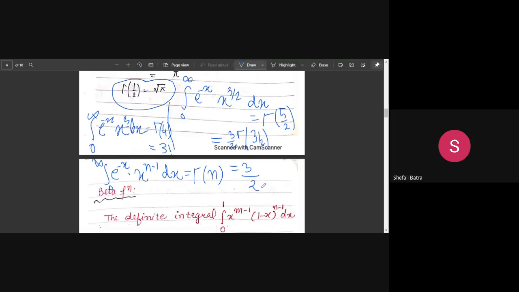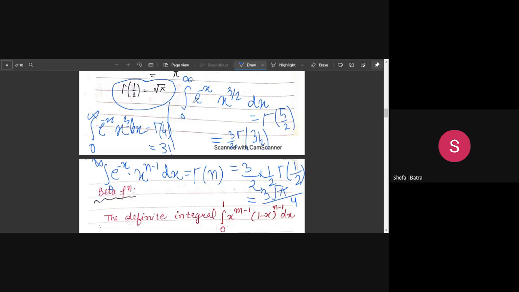Now apply the reduction formula again on gamma 3 by 2. That would be 1 by 2 into gamma 1 by 2. And what is the value of gamma 1 by 2? That is under root pi, into 3 upon 4. Right? So this is the value of this integral.